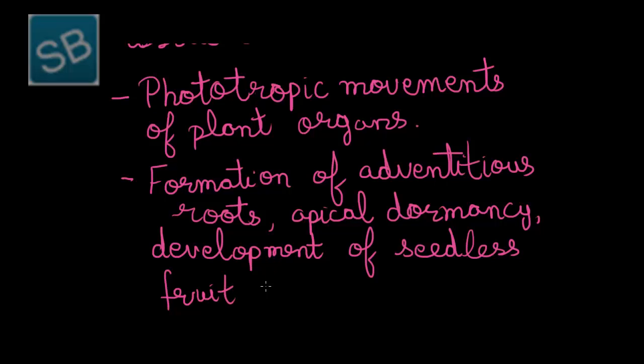This development of seedless fruit is also known as parthenocarpy, which we have already studied earlier in the previous unit. Thus, these are all the effects of auxin, a growth promoter, within the growth of the plant.